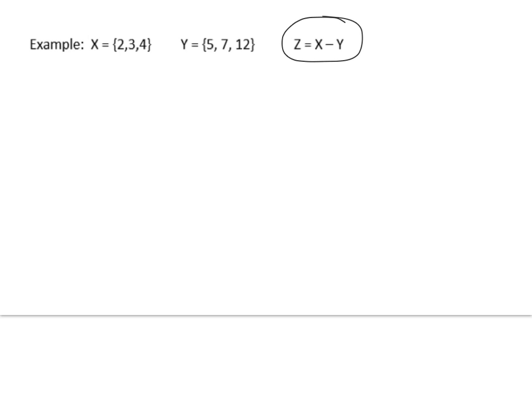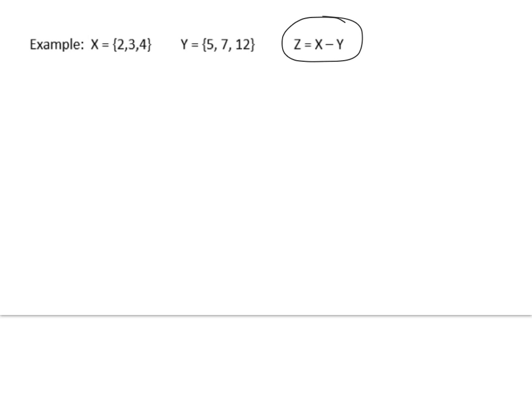So the first thing I need to talk about is how you actually combine sets of numbers. It's not so intuitive for this one. If I want to generate the set z, which is x minus y, one might think I would do 2 minus 5, 3 minus 7, and 4 minus 12, and I would get a new set z that also has 3 elements. In fact, that's not how it works.